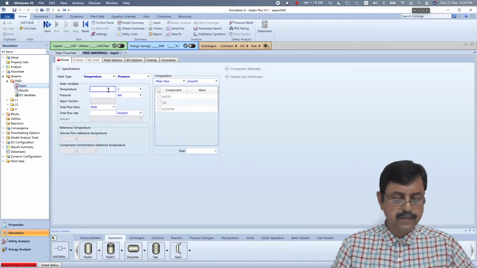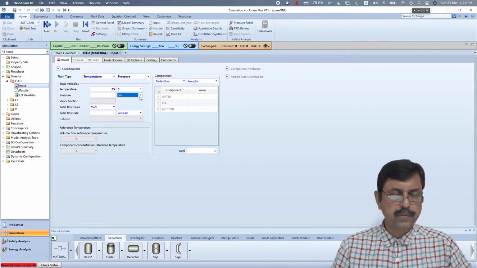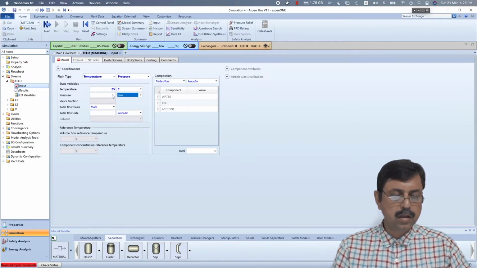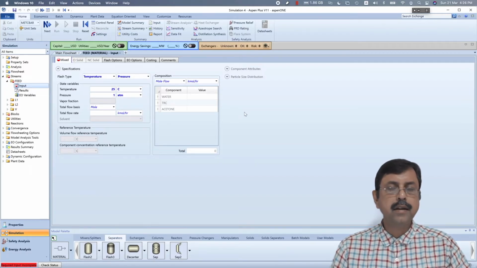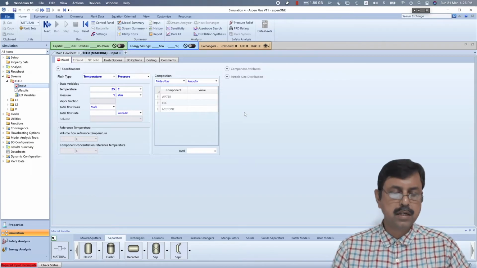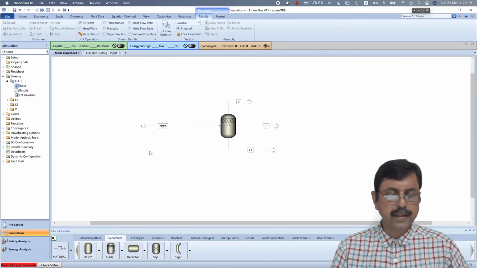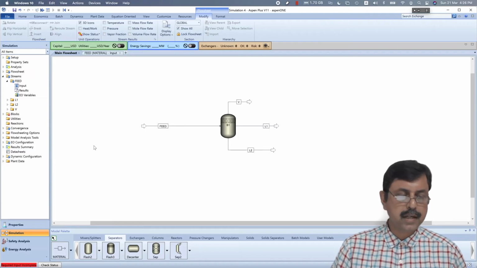It is 25 degrees centigrade and 1 atmosphere pressure. And it's an equimolar mixture of water and acetone. So it is water and acetone, equimolar. And in the flow sheet, we have to have a second stream, that is the TRC stream.